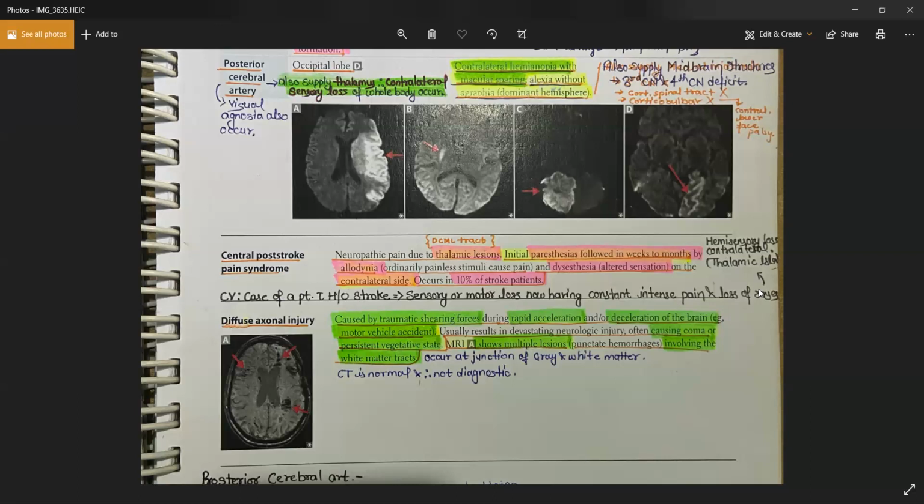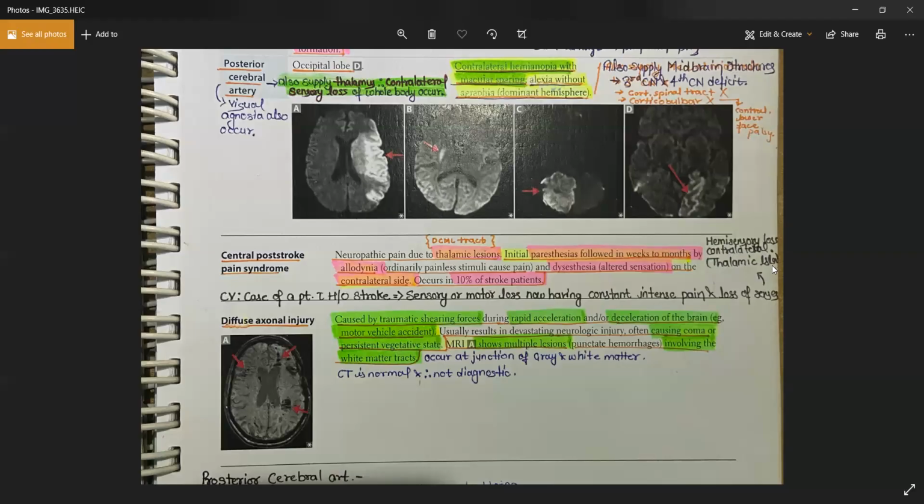A patient with a previous history of stroke will have a history of either paralysis or sensory loss. But 1 or 2 months later, the patient started having this constant pain. And if the patient previously had only motor loss, now he started having sensory loss also, because of the involvement of the thalamus.